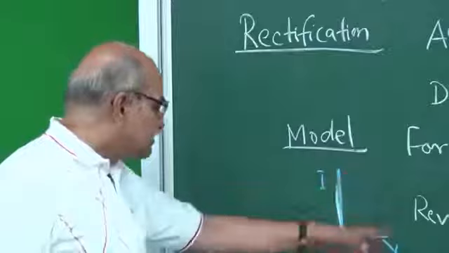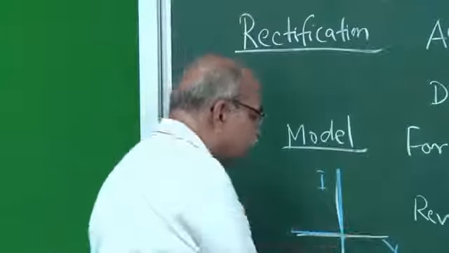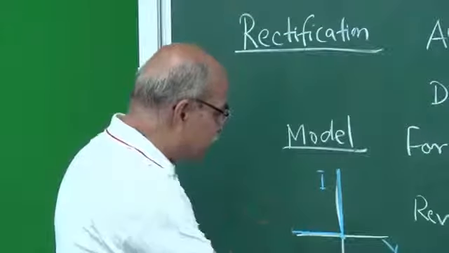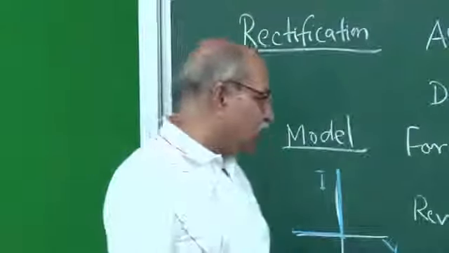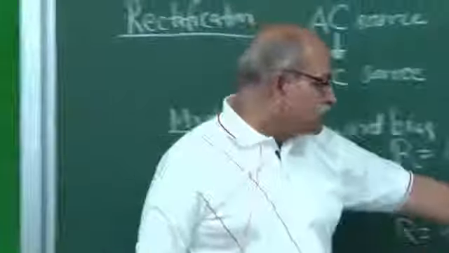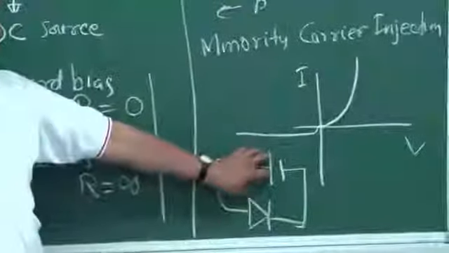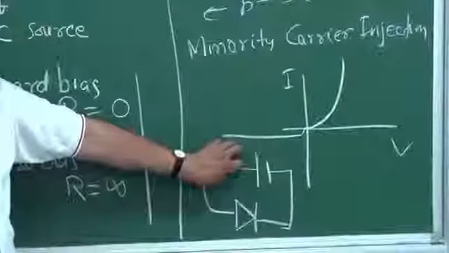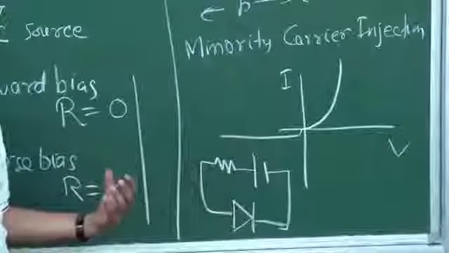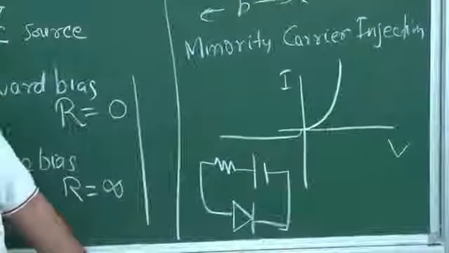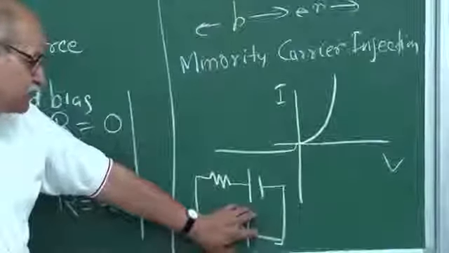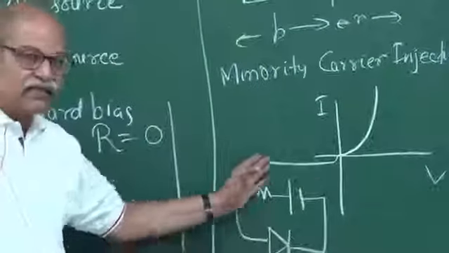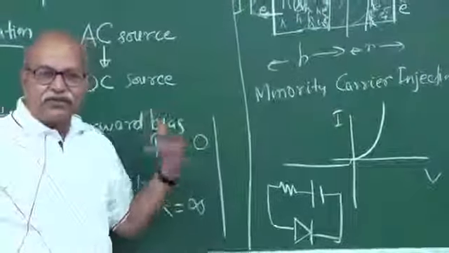Now why this peculiar, drastic approximation? Is it anywhere close to reality? Yes, it is, because for forward bias, the circuit has some resistance. So if the diode's resistance is small compared to the circuit resistance, this approximation is not bad. And similarly in reverse bias, if the resistance offered by the diode is very large compared to the outside circuit resistance, it is not that bad.